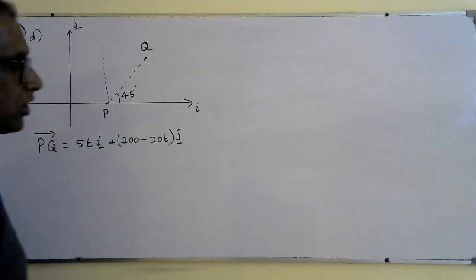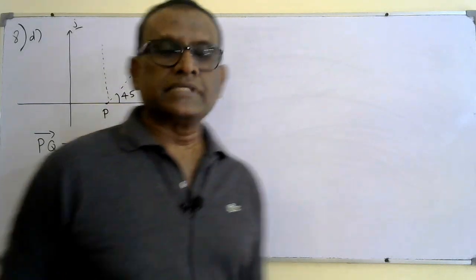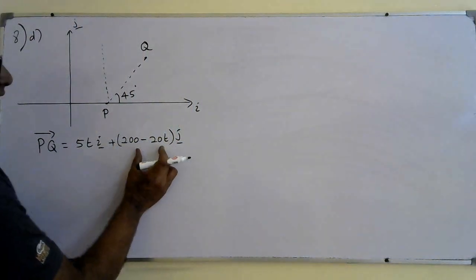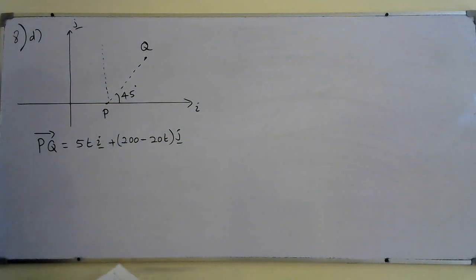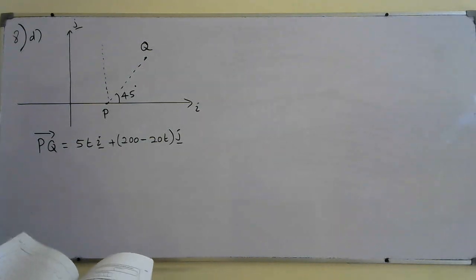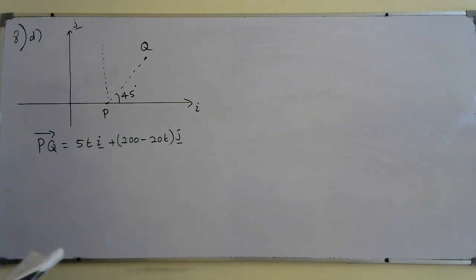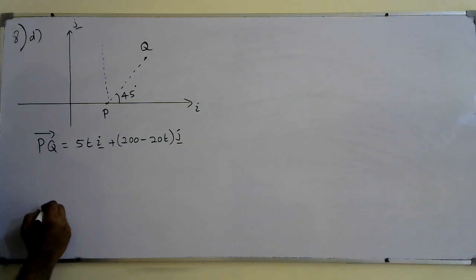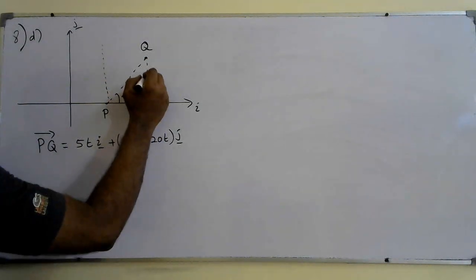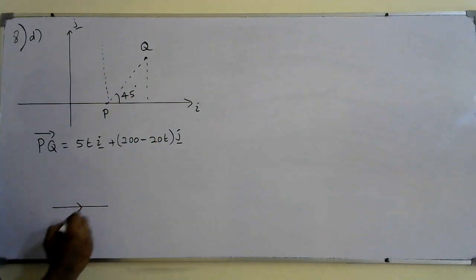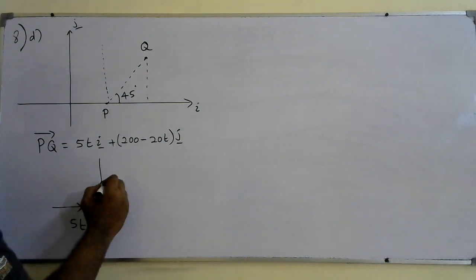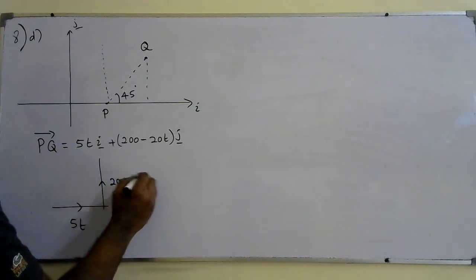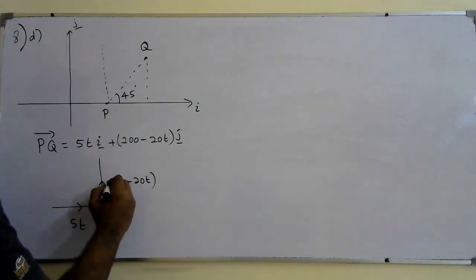That means along the i direction, the position vector is 5t, and along the j direction, 200 minus 20t.